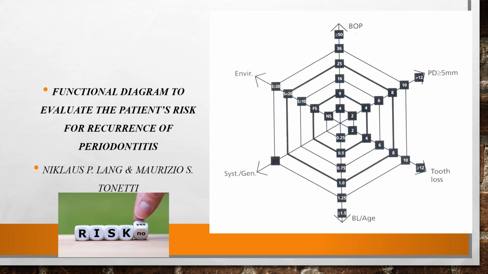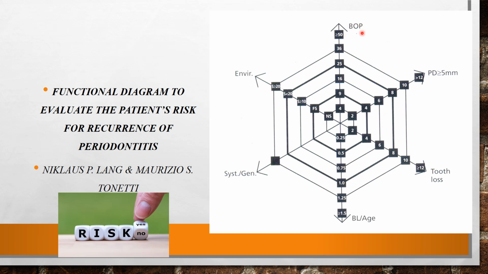So this is the functional diagram, or hexagonal diagram, developed by Lang and Tonetti. As you know, they made a hexagon form of diagram. You can see that it has 6 points, and the innermost hexagon is for low risk, and the middle darkened portion demarcates moderate from high.